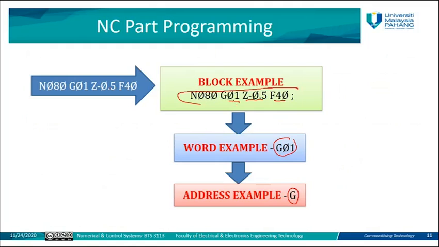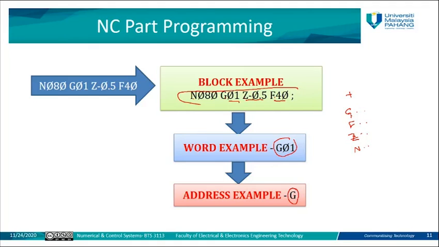Each word here has an address, which is G, Z, F, N, plus a number. So G is the address, F is the address, Z is the address, N is the address. The number after them represents the numbering.